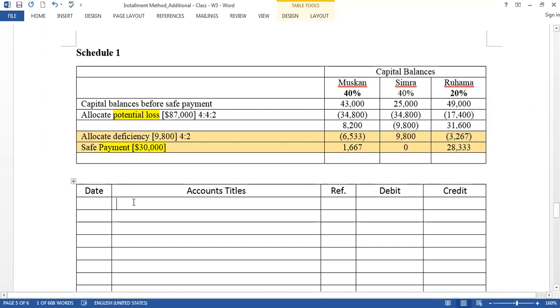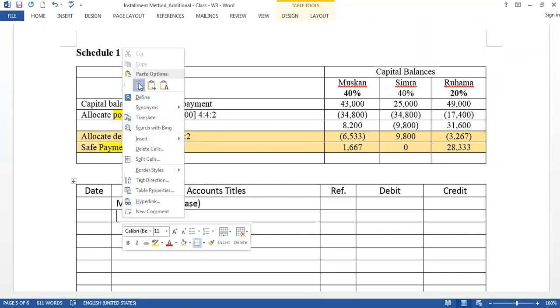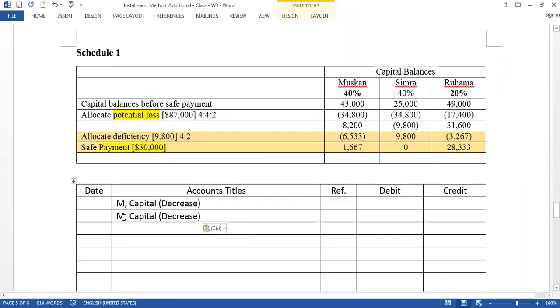So the journal here is M capital debit because it is decreasing, then R capital debit decreased, right? However, S capital increase.